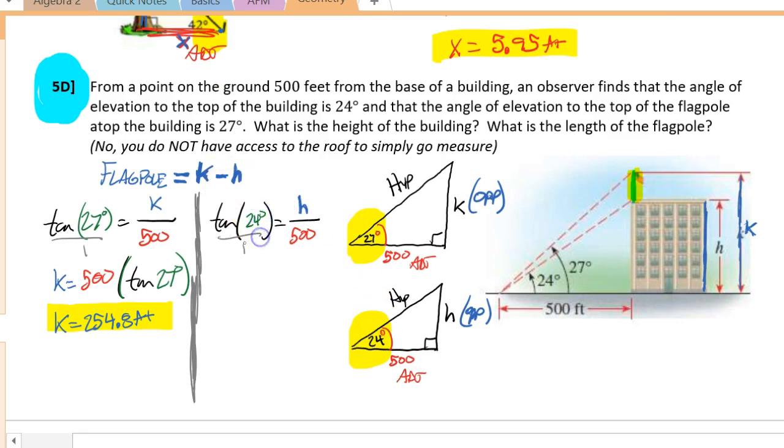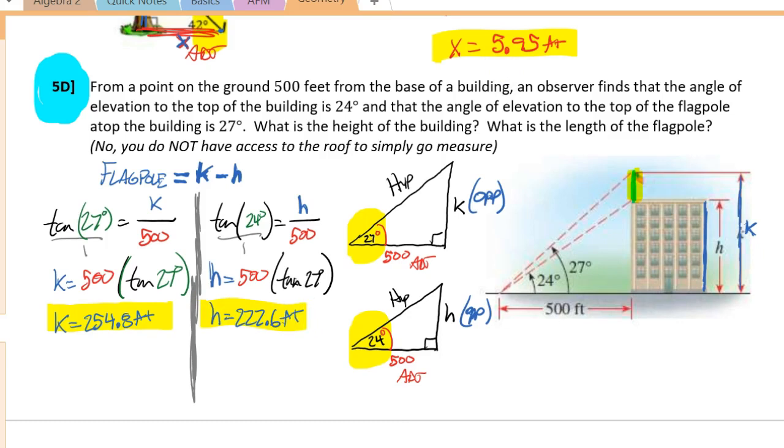Putting this over 1, we cross multiply again, giving us H is equal to 500 times the tangent of 24 degrees, giving us a value of H is equal to 222.6 feet.